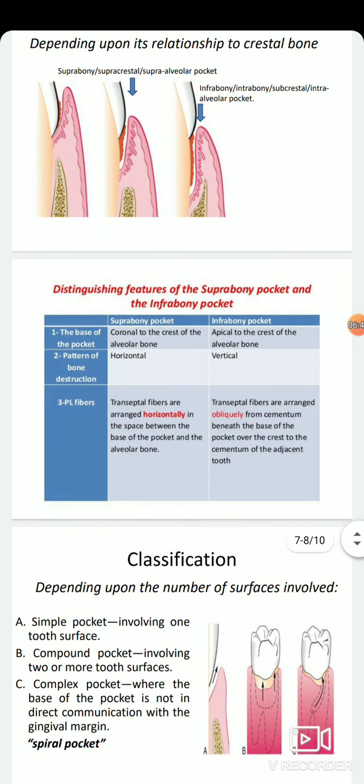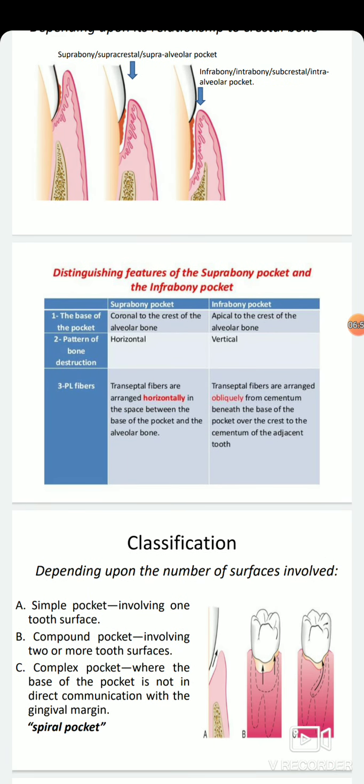The distinguishing features: when the base of the pocket lies apical to the crest of the alveolar bone, it is called an infrabony pocket, whereas when the base of the pocket lies coronal to the crest of the alveolar bone, it is a suprabony pocket.